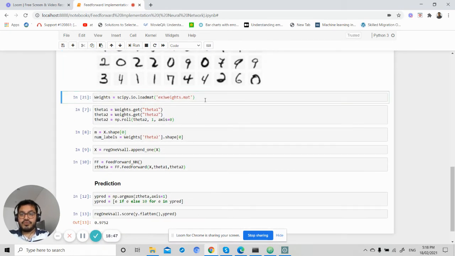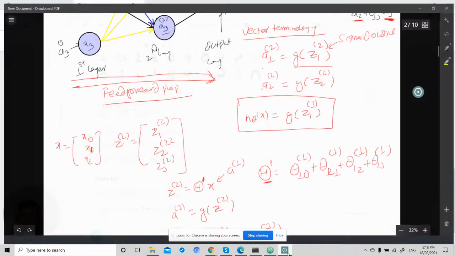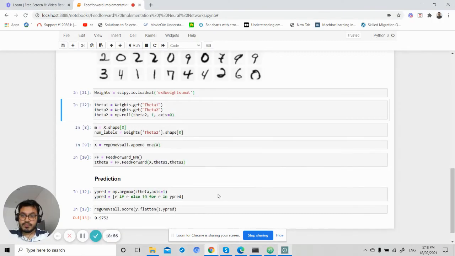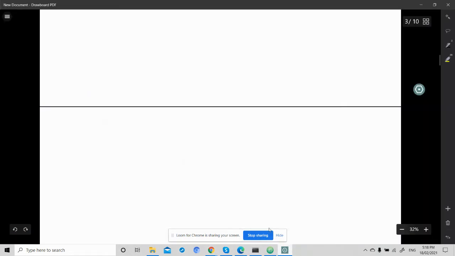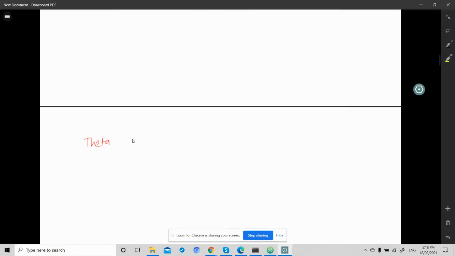The weights are given for us, so my theta 1 and theta 2 are given.